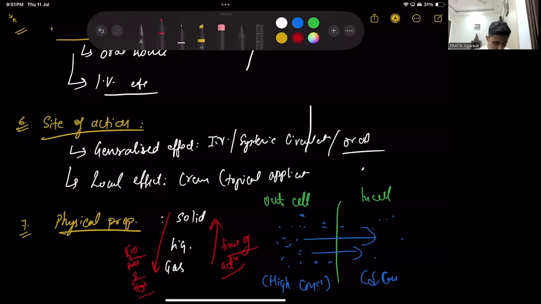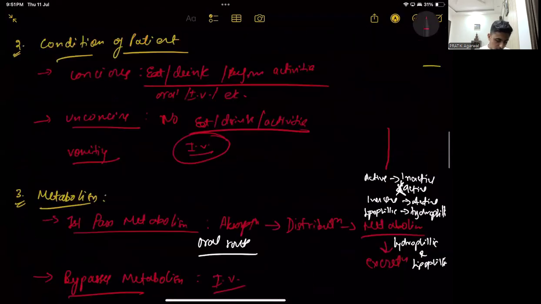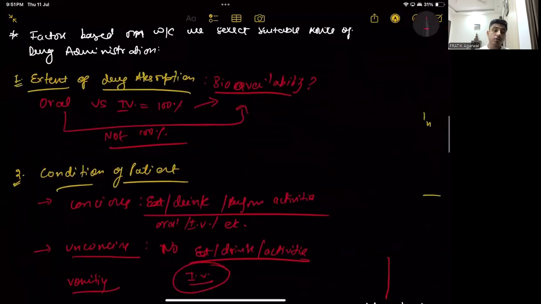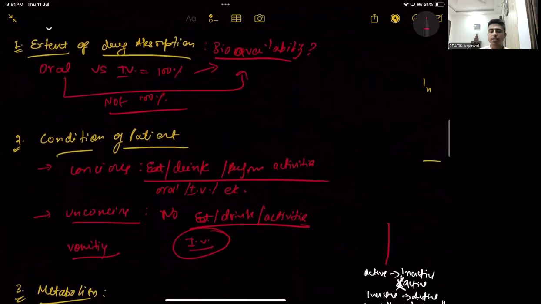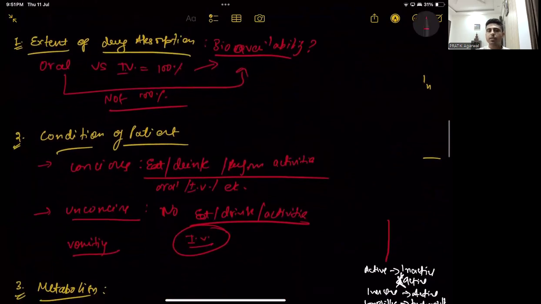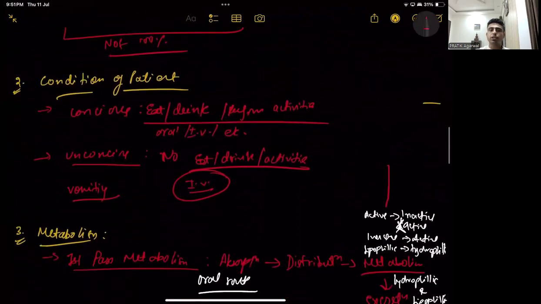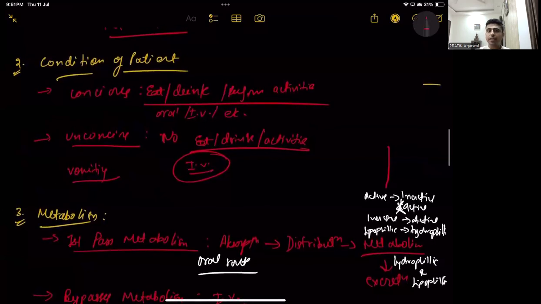So these are the factors that help us determine the route of drug administration, extent of drug absorption, how much drug we need. If 100% is needed, we choose IV or systemic circulation, most preferred. If not 100% is needed, then the oral route is good. Then the condition of the patient: if the patient is in their senses, then any route is preferred.